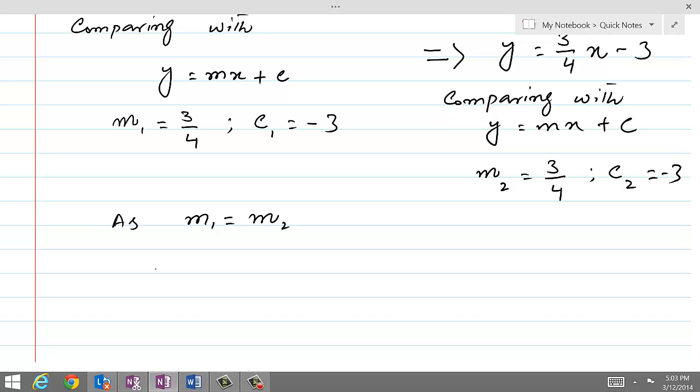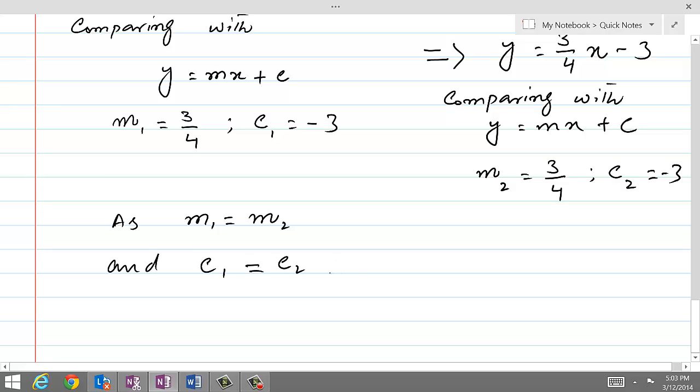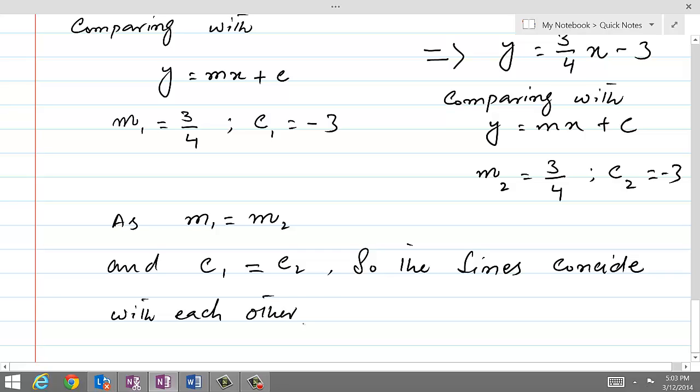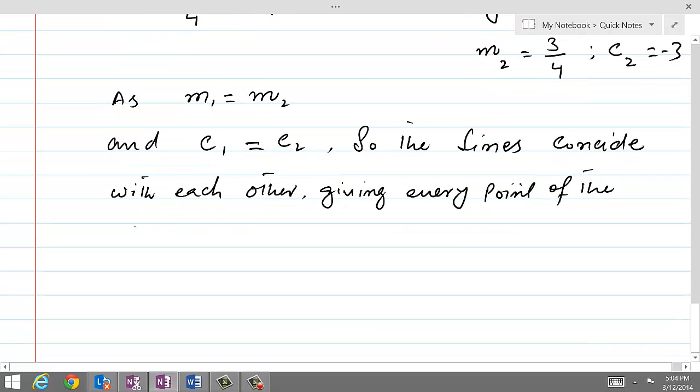As m1 is equal to m2 and c1 is also equal to c2, the lines coincide with each other, giving every point of the line as solution.